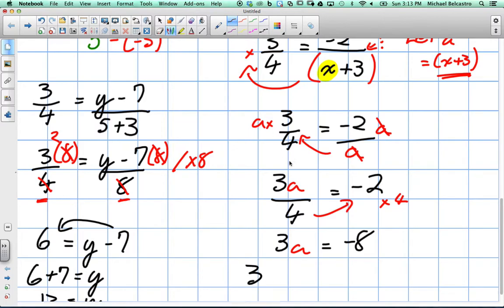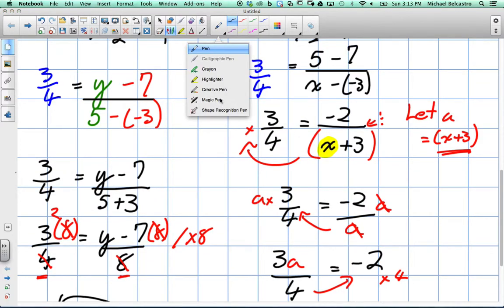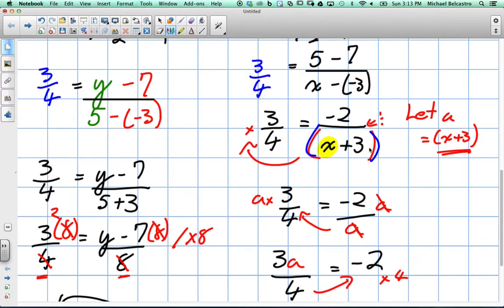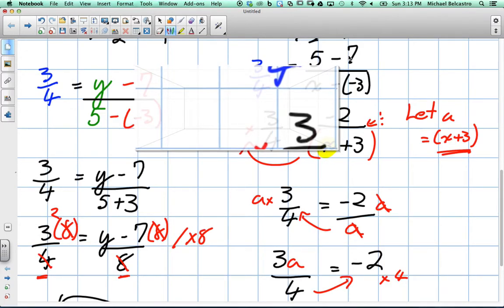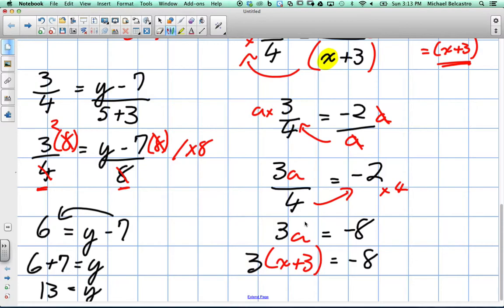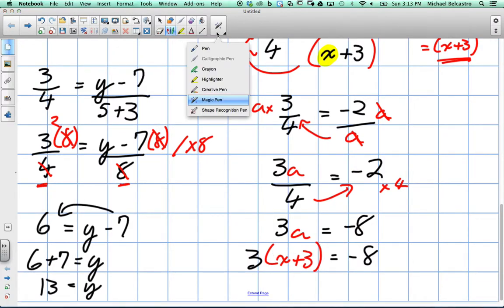So we get 3 times x plus 3, and we're going to use our distributive property. This way we moved more than one value at once. If you're able to see that, really what we did is we took this whole bracket, x plus 3, and multiplied it by this 3, and in one of the steps we moved the 4 over here. This is essentially what we have down here. So we're going to distribute it now.